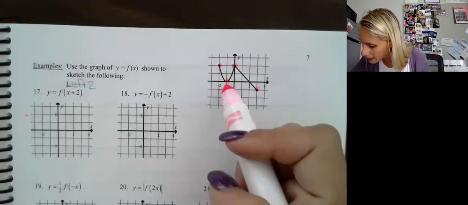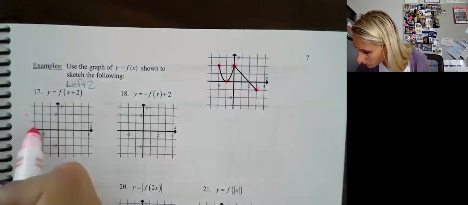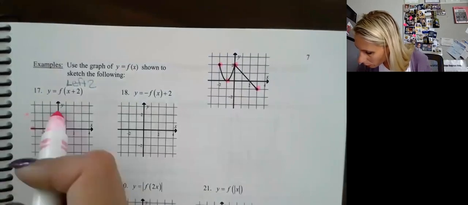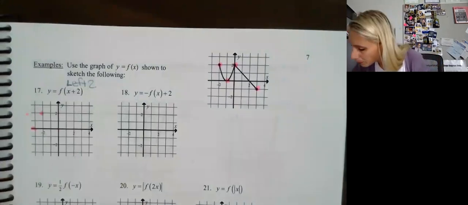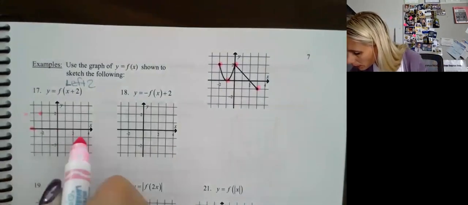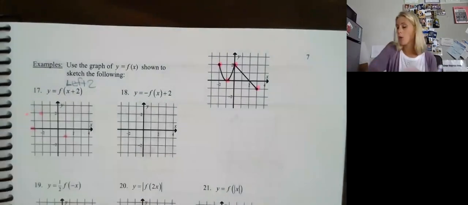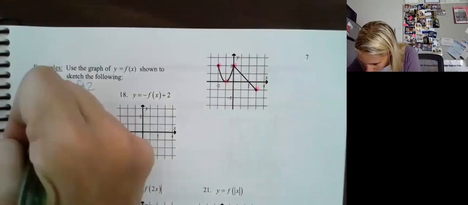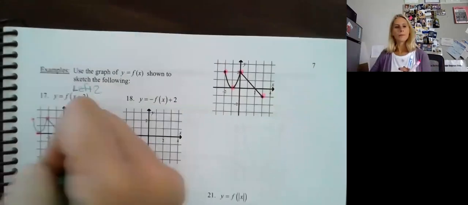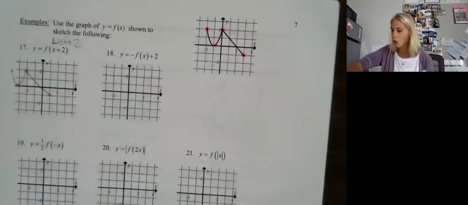I'm going to see this point that goes right here, and I'm going to go left 2. There's that parabola part. Here's the original point. Go left 2. And there is my graph. Okay, shifted it 2.